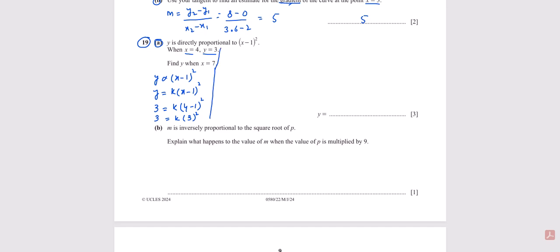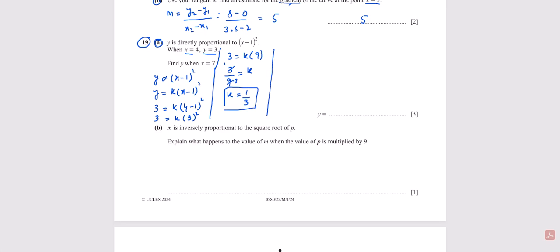So 3 is equal to k, 3 square is 9. Divide with 9. 3 over 9 equal to k, and k is equal to 1 over 3. The value of constant is 1 over 3.